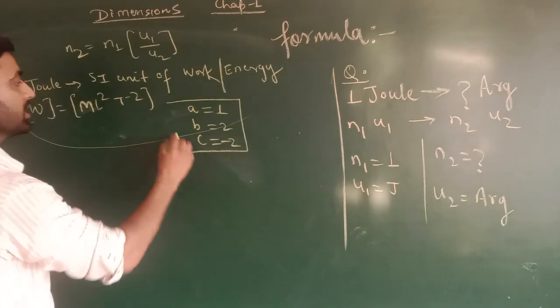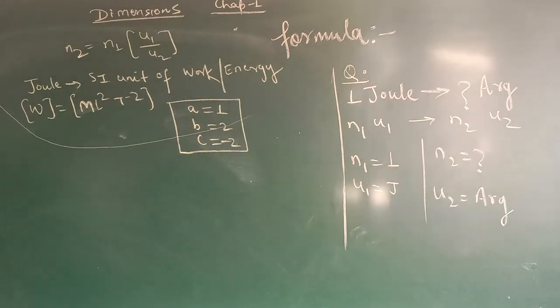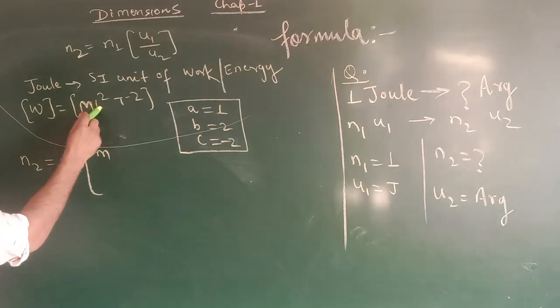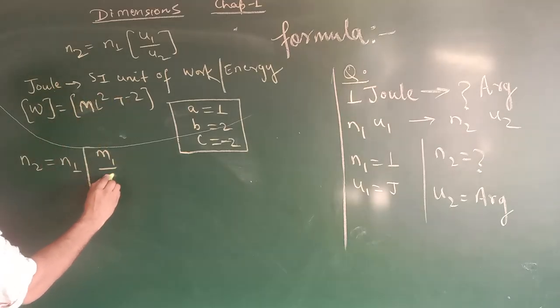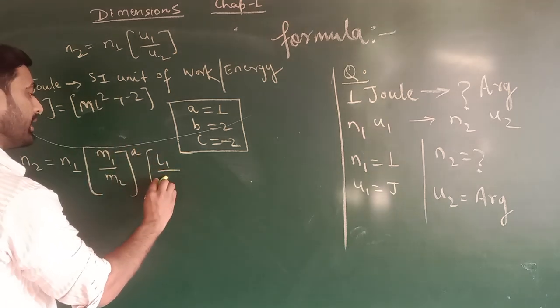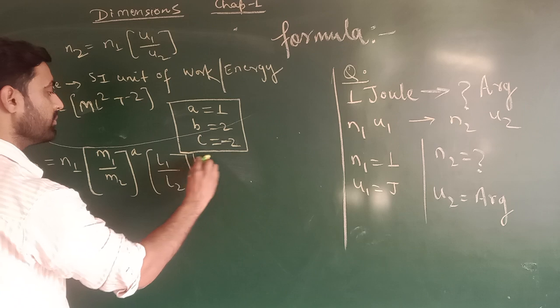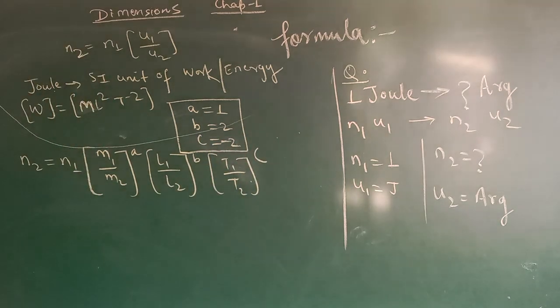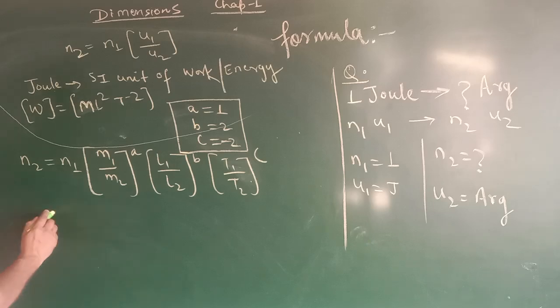These are the things that we will use in deriving the value of n2. So n2 is equal to n1, and as joule is related just to mass, length and time, M1 by M2 power a, L1 by L2 power b, T1 by T2 power c. Now let's replace the values.